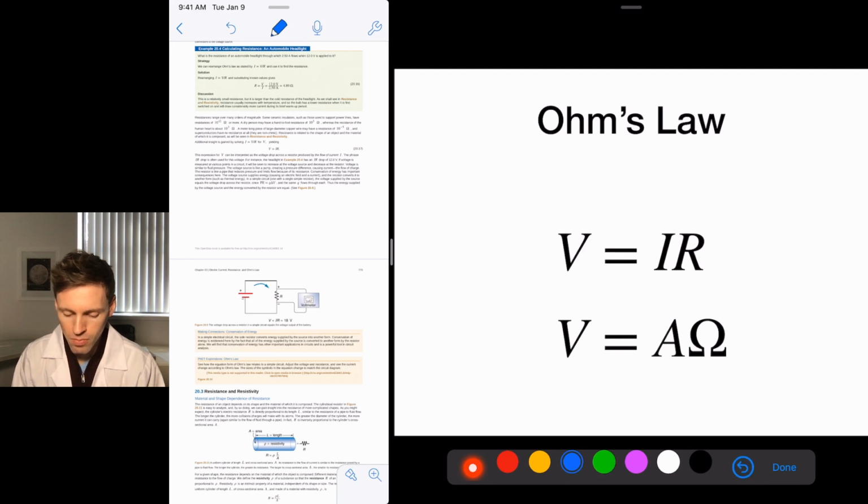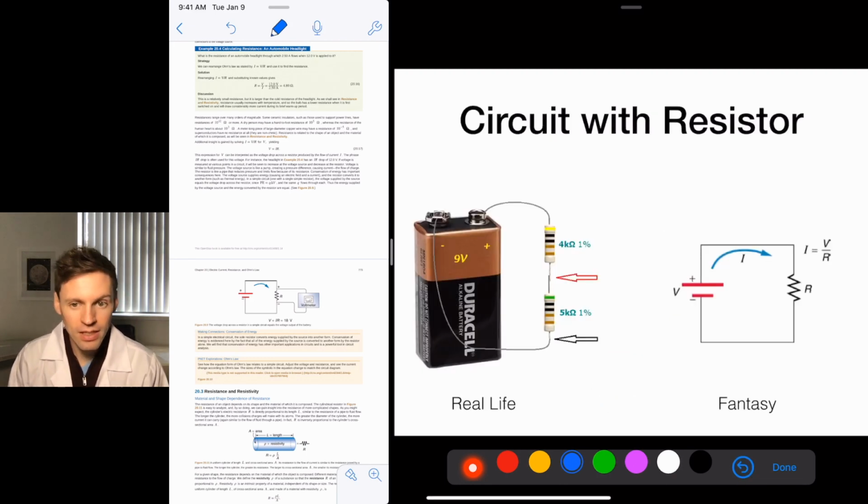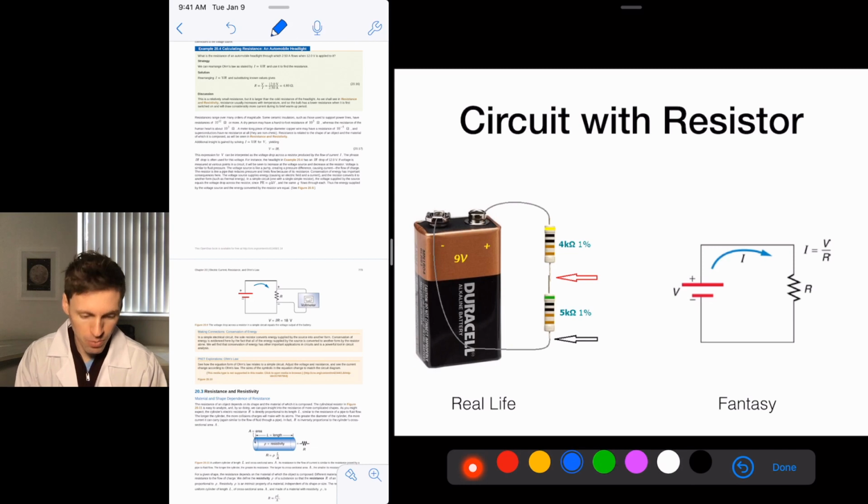Okay, so this is what a battery looks like in real life, a 9-volt battery, and you would hook it up to 2 of these resistors, or 1, and then schematically in our fantasy land, this is how you would draw that. So our battery, again, the plus side is the longer leg of this thing.